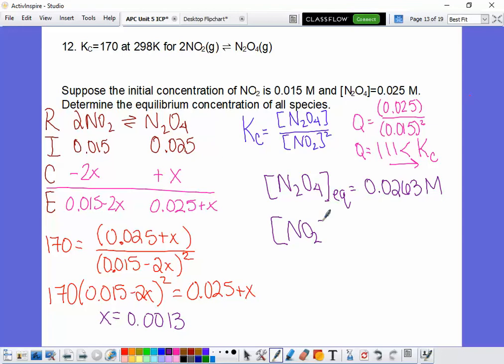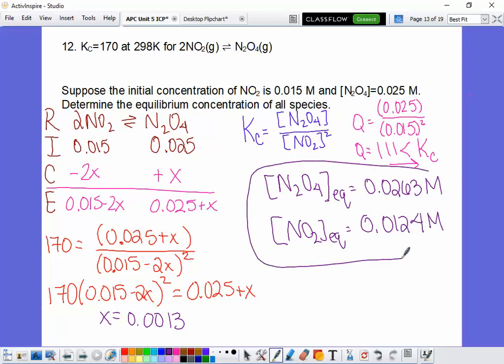And NO2 equilibrium is what? 0.0124 molar. Good. And those numbers make sense because neither of them are negative. Okay? Let's do a couple others. Are we good? All right.